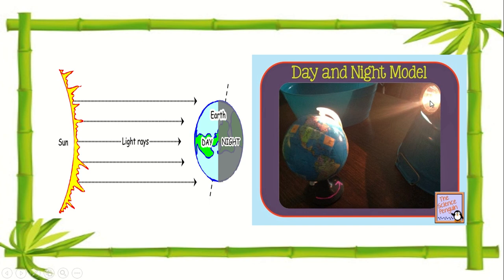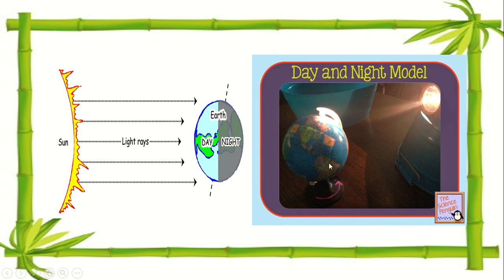Then we will light the lamp and place it on a table or a flat floor. Next, what will we do? Place the lamp in front of the globe. It will be better if the room is dark, and we will consider the source of light as the sun and the globe as the Earth.